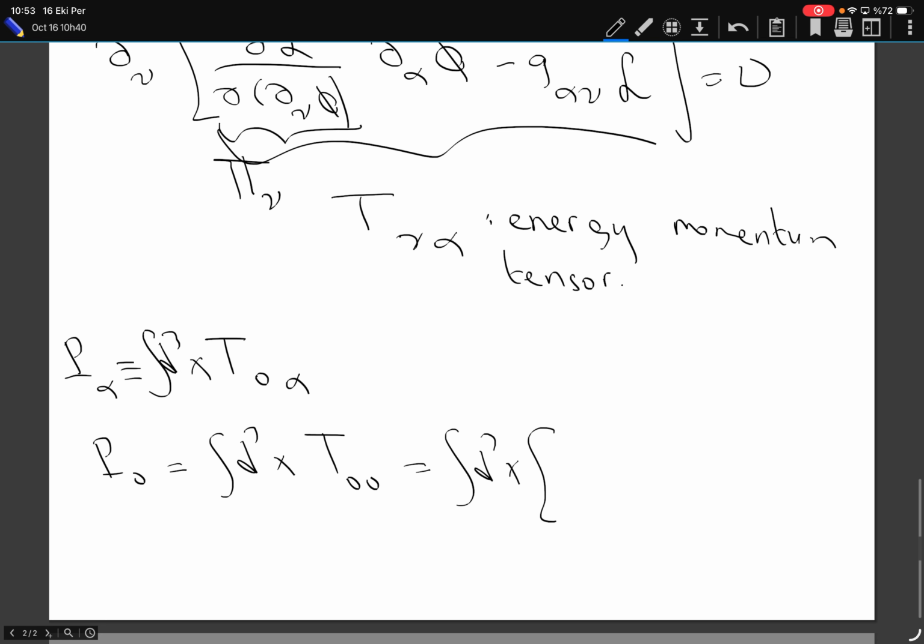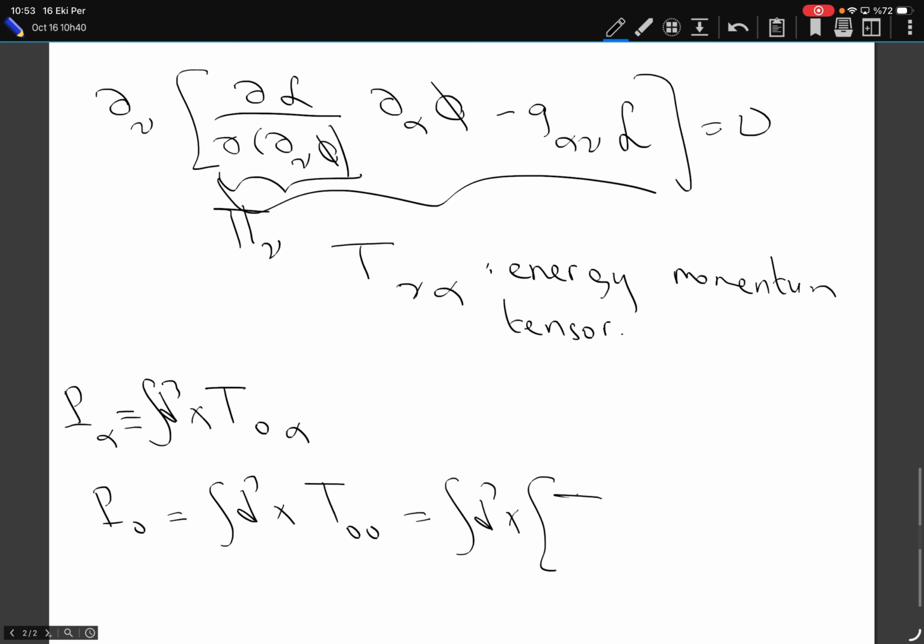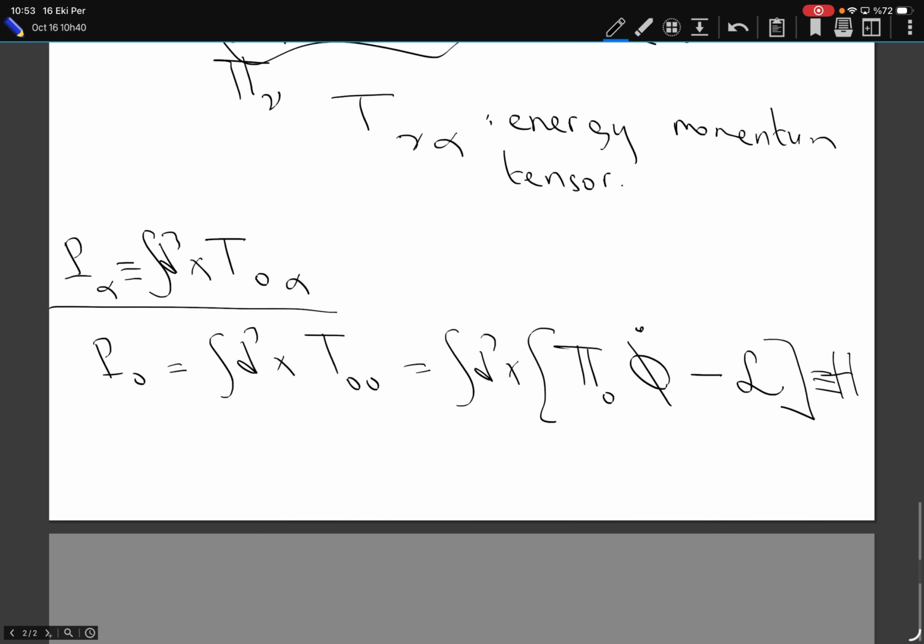So this is equal to pi 0 times phi dot minus the Lagrangian. It's pi q dot minus the Lagrangian. This is nothing but the Hamiltonian of the system. And for the other components, you can just calculate. For other components, you will see that it's actually the momentum. So you will see that in particular P.